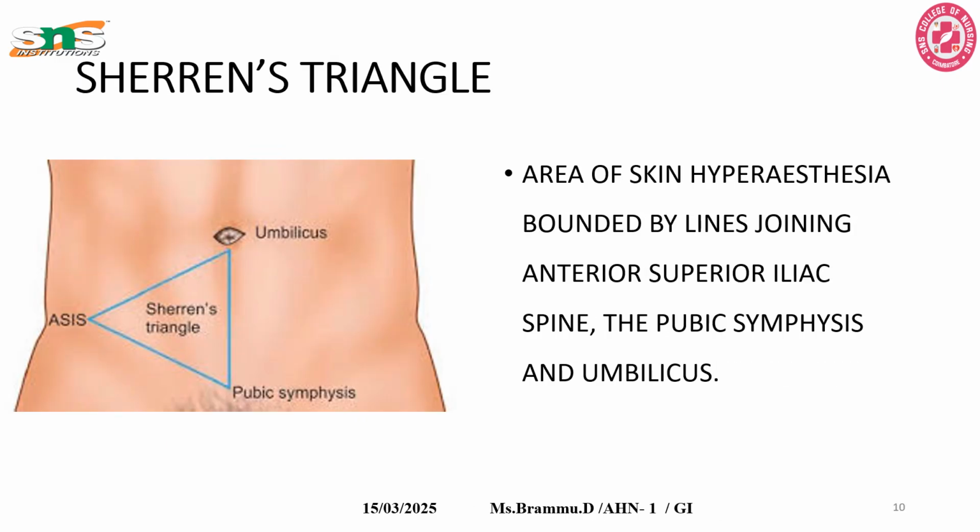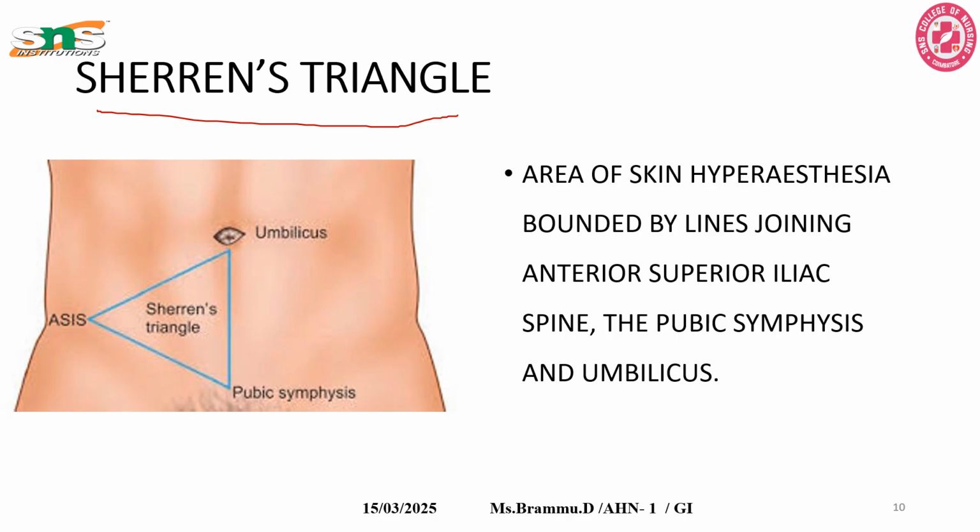The other important sign which we can evidently see in a patient with appendicitis is Sherren's triangle. In this you have a boundary, like a sort of triangle starting from the umbilicus. You draw an imaginary line to the symphysis pubis. Then from there you draw an imaginary line to the anterior superior iliac spine.